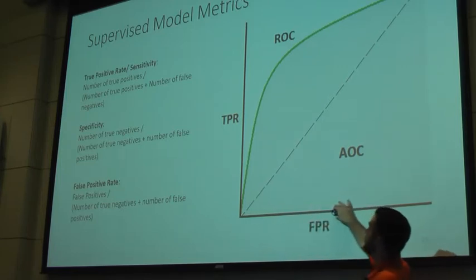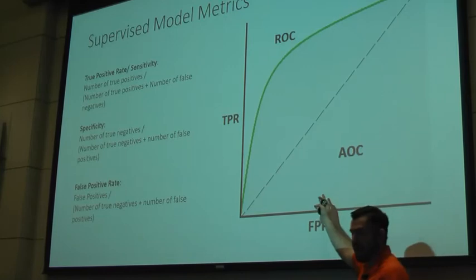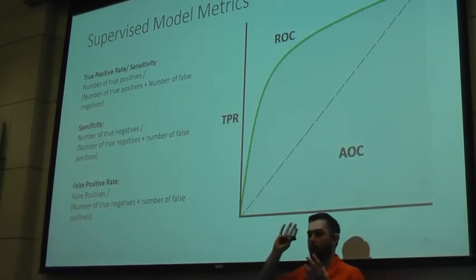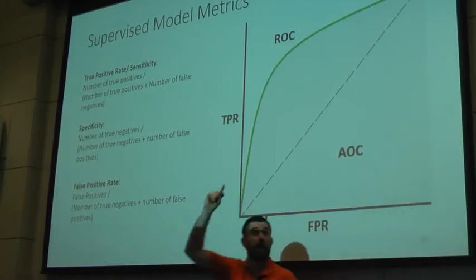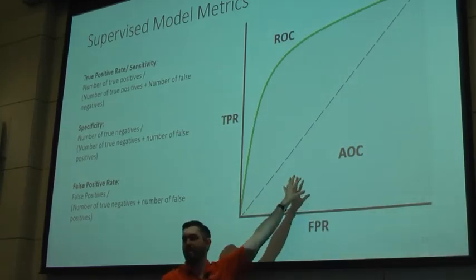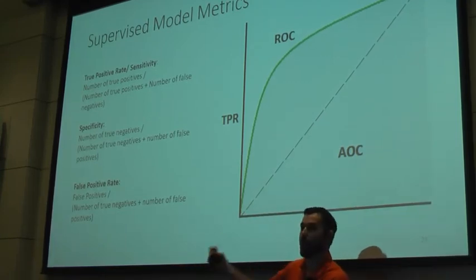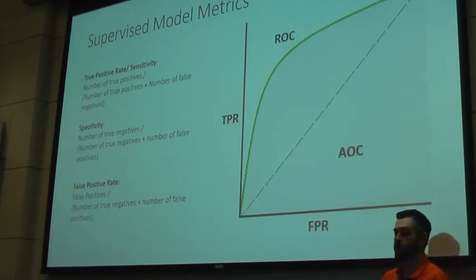And then we have this pretty graph. The area under this graph is really the cornerstone of what we want. We want this graph to go straight up and straight across and encompass the entire area of the square if possible. The closer we get to that, the more accurate our model is. So this encompasses when you get it right and when you get it wrong.